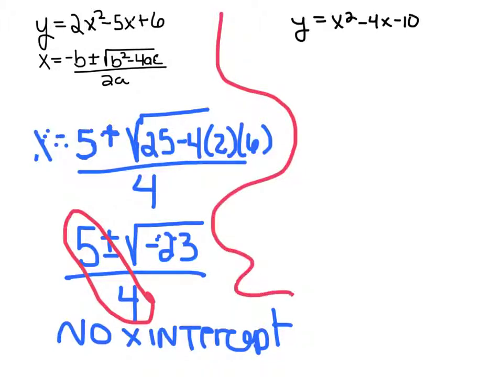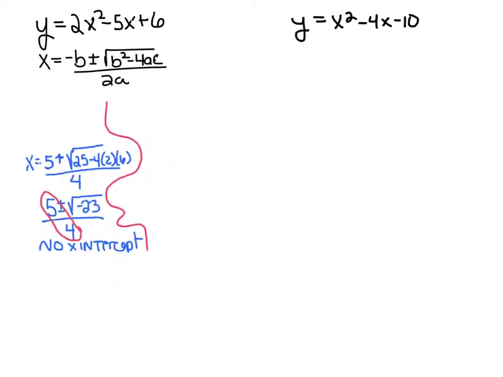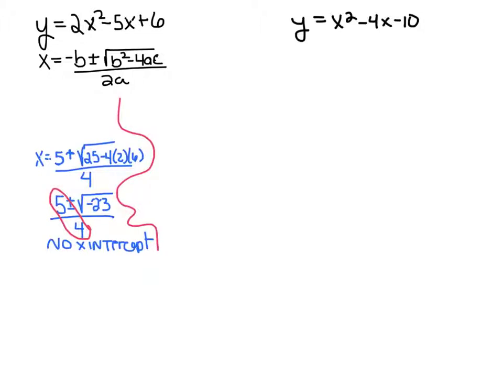Another way to do this is by completing the square, and I'll show that one over here. So if you were to complete the square, you would make it equal to 0. You'd move the 10 to the other side.